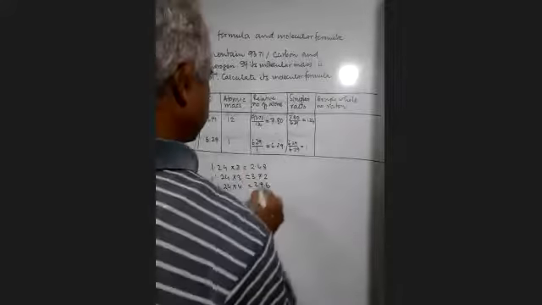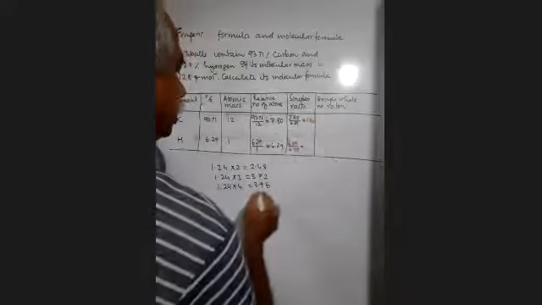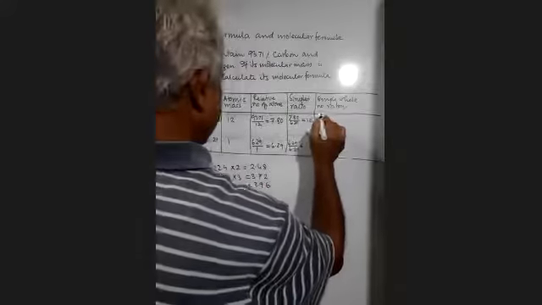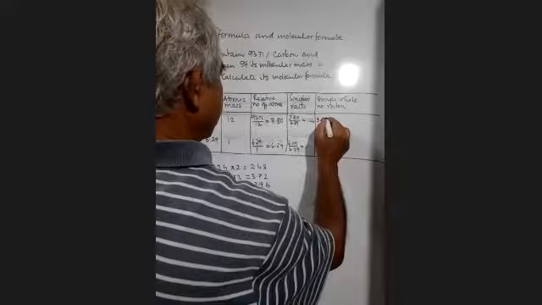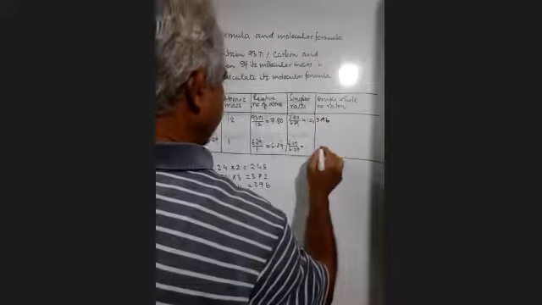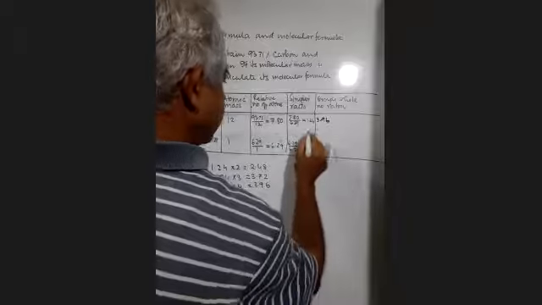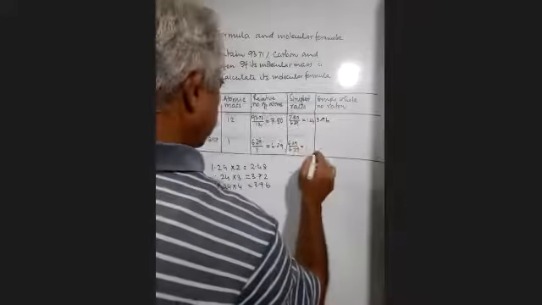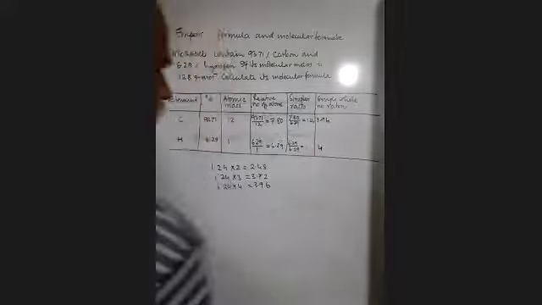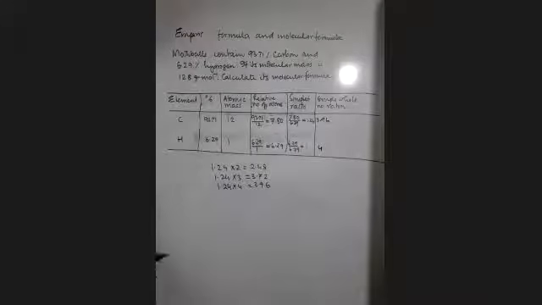So what will I write now? This multiplication I need not show. I'll do it outside and I'll write here 3.96. If I multiply this, I have to multiply the same thing with this one also. So it will be 4.